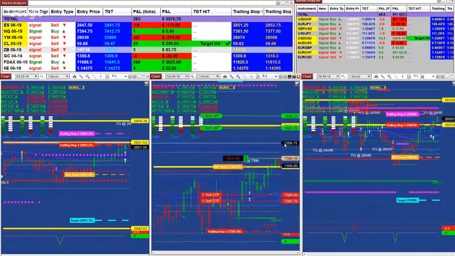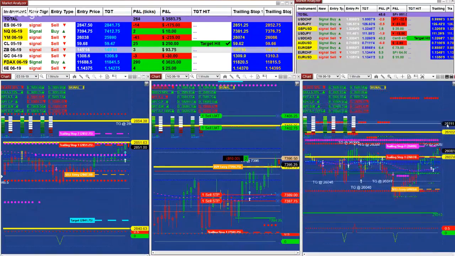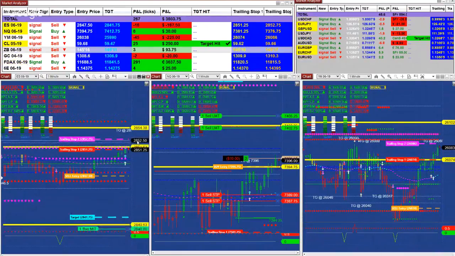It's based on the bar close, or you can do it on every tick, but also you can do it on a bar close. Now we have a bit of a problem here at the double resistance on the YM, so we're probably not going to have a signal at the moment. Let's see if this ES is able to break this area here.